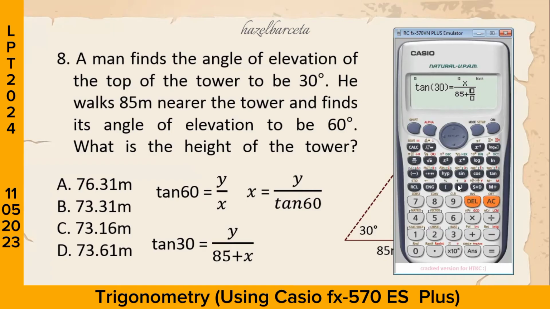So, alpha x tangent 60. Nasusundan po. 85 plus x where x is equal to y over tangent 60. Si y po natin ay ginawa po nating x. And it is for this one, 85 plus x. Ito yung y natin, which is pinalitan po natin ng x. And we have the equal sign, so shift calc.